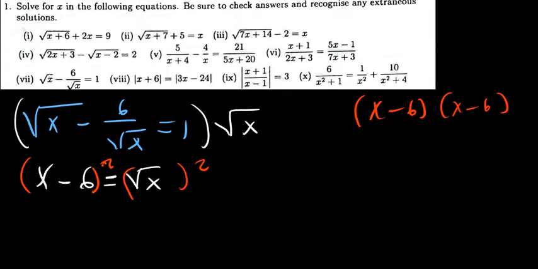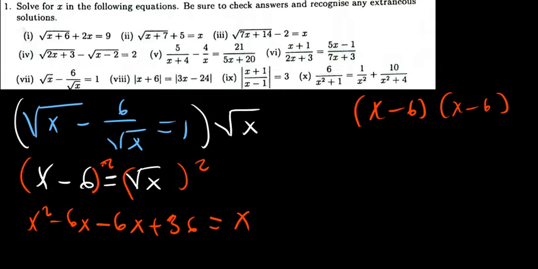X times x is x squared. X times negative 6 is negative 6x. The negative 6 times x is negative 6x. 6 times 6 is positive 36 is equal to, and the square root will cancel, I'll remain with x.